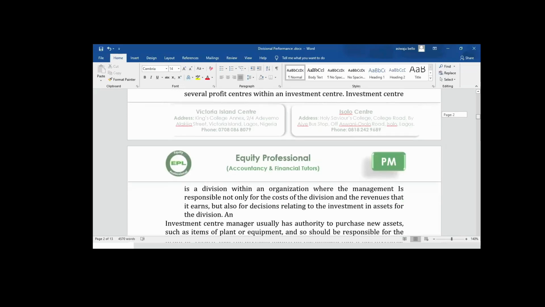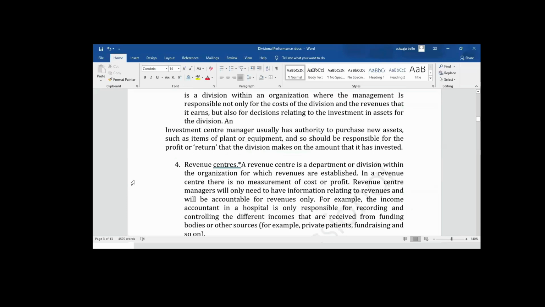Now, like I said, we have three types of center, but I can introduce one more, which is revenue center. A revenue center is a department or a section within an organization that is only allowed to collect or generate revenue. In a revenue center, there is no measurement of cost.